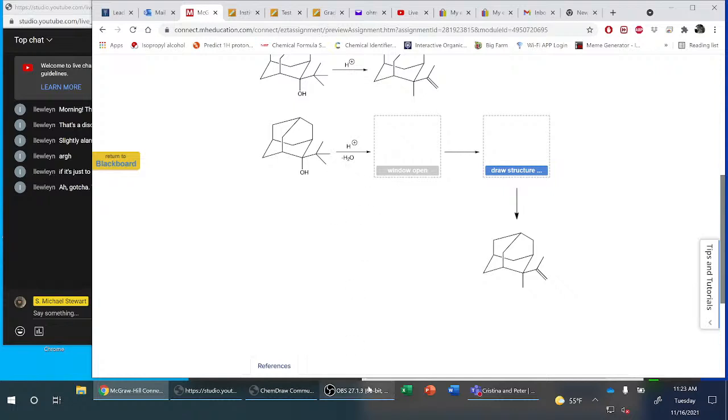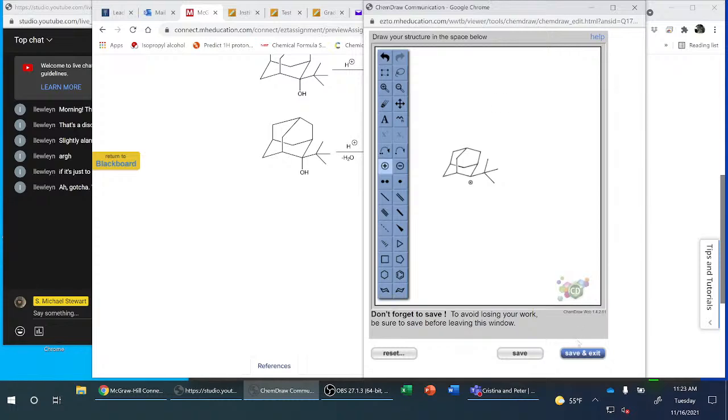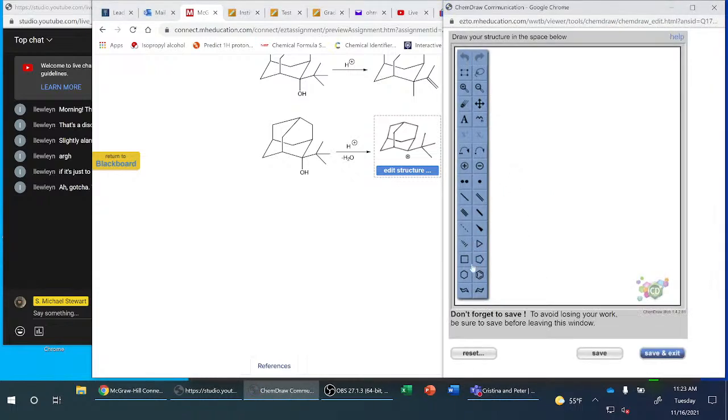So you add an H and you lose a water, and what that's going to generate is the first carbocation. So we get the first carbocation. Next thing we do is we get carbocation rearrangement.